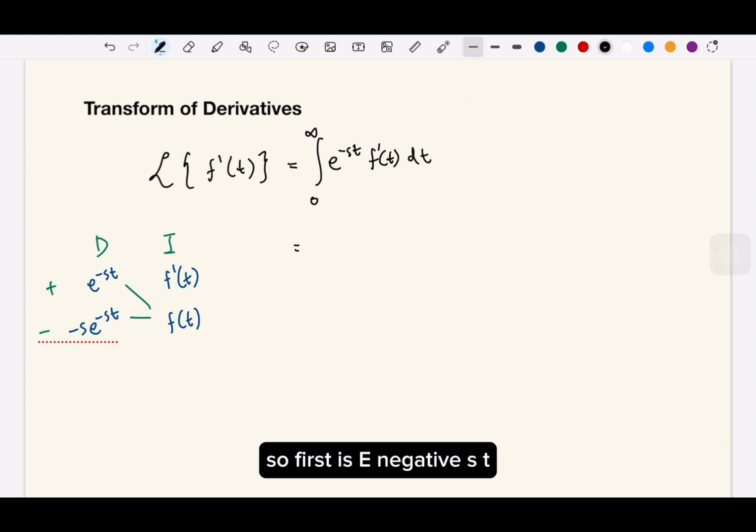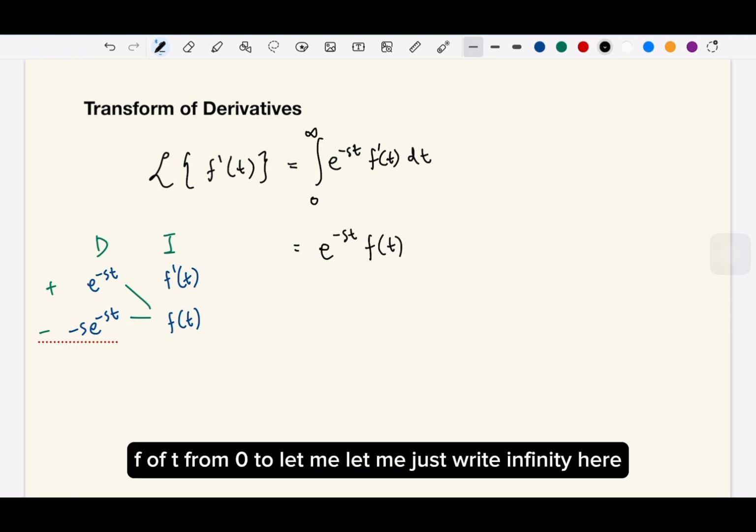So first is e to the negative st f of t from 0 to, let me just write infinity here.